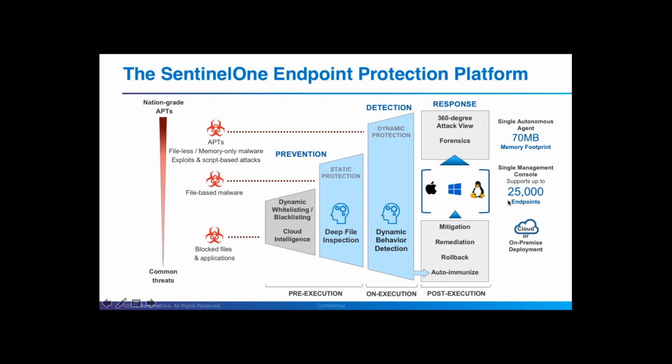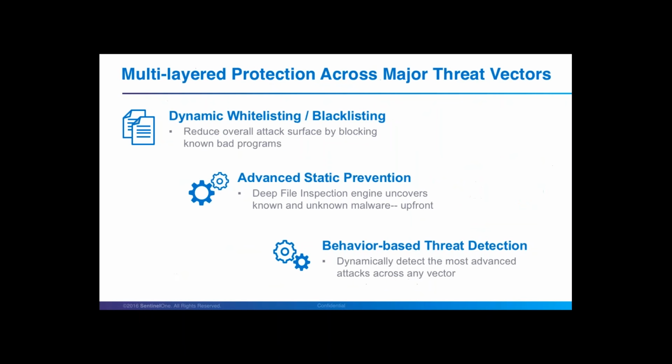On top of that, we also have auto-immunization, which means that we detect something dynamically on one device, tell all of the other devices about it, and that feeds in to their local blacklist, meaning that they would not run it if they see it. So that's the platform approach that we've built.